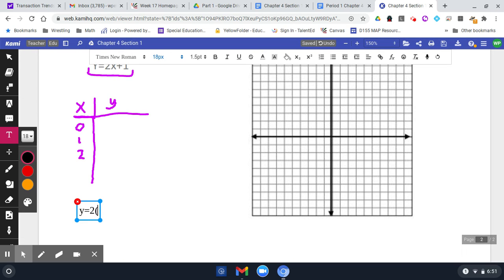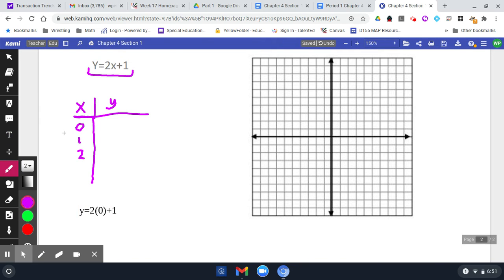Now it's not going to be X, it's 0, right? Because I'm going to plug my 0 in for this equation. And then I get 2 times 0 is 0, plus 1, so Y equals 1. So when X is 0, Y is 1.